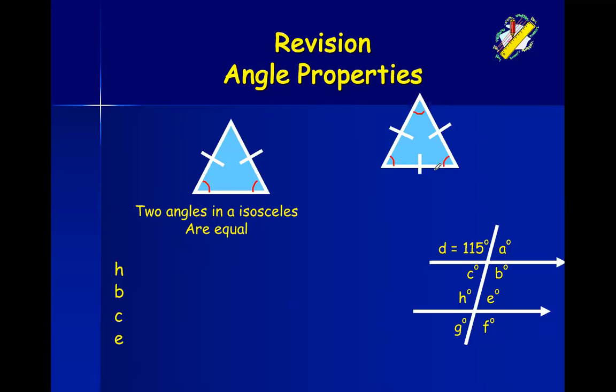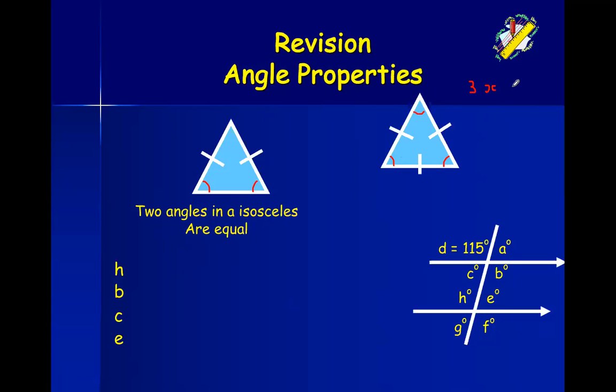And what did we say about triangles? All angles in a triangle add up to 180. So I've got three of them. 3 times what gives me 180? Remember, use algebra whenever you've got something like that. 3x equals 180. What is x?